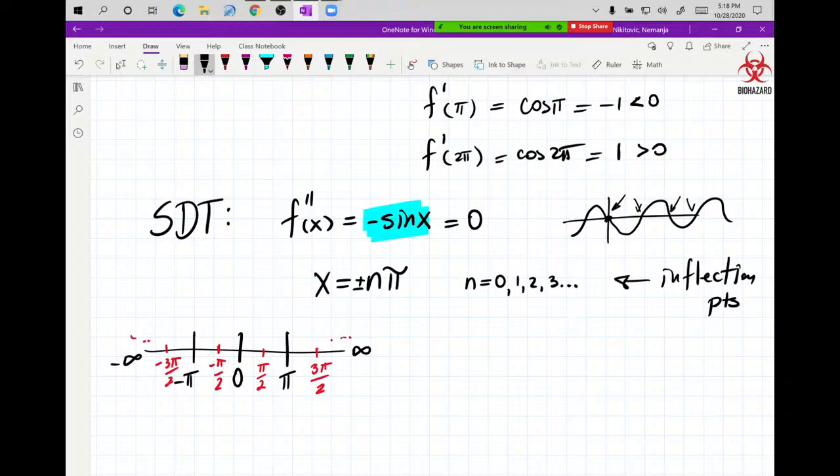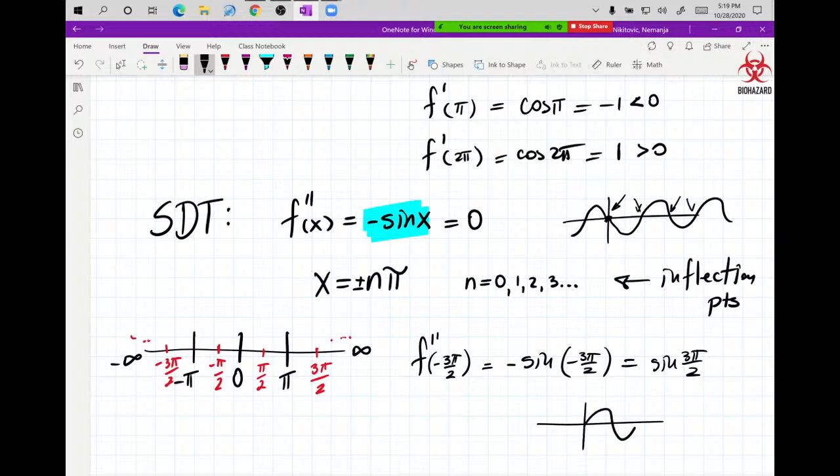All right, cool. So now, second derivative, computed at negative 3 pi over 2, let's say. There will be negative sine x, so negative sine of negative 3 pi over 2. Sine is an odd function, so the negative jumps out and kills the minus in front. So you just have sine of 3 pi over 2. Now regular sine of 3 pi over 2 is negative 1, which is less than 0, so that means concave down.